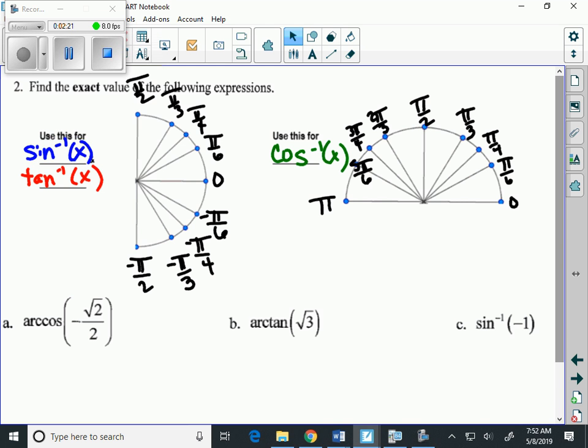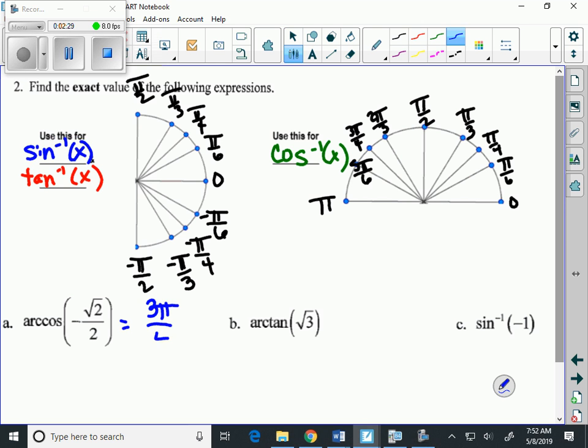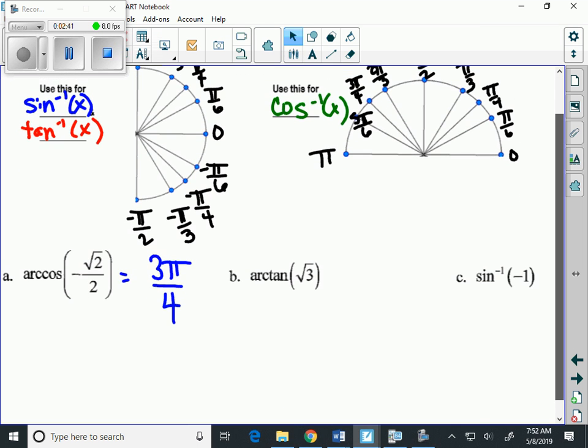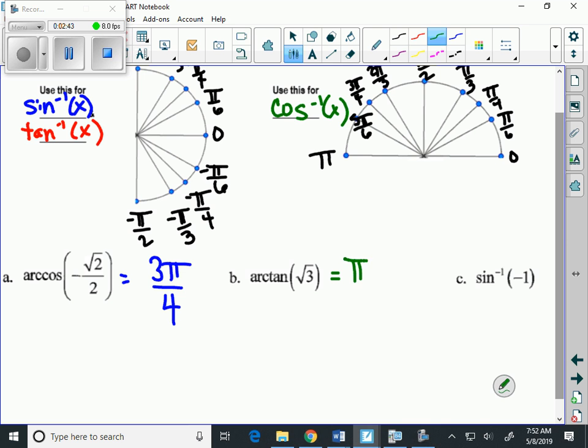The arc cosine of negative the square root of 2 over 2 is going to be 3 pi over 4. The arctangent of square root of 3 is going to be pi over 3.